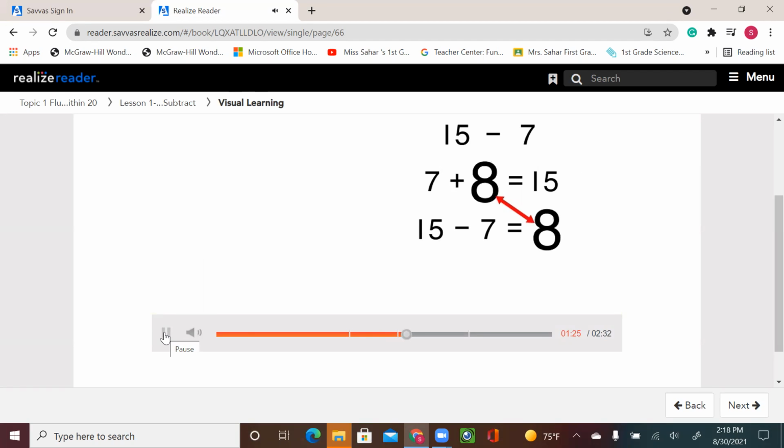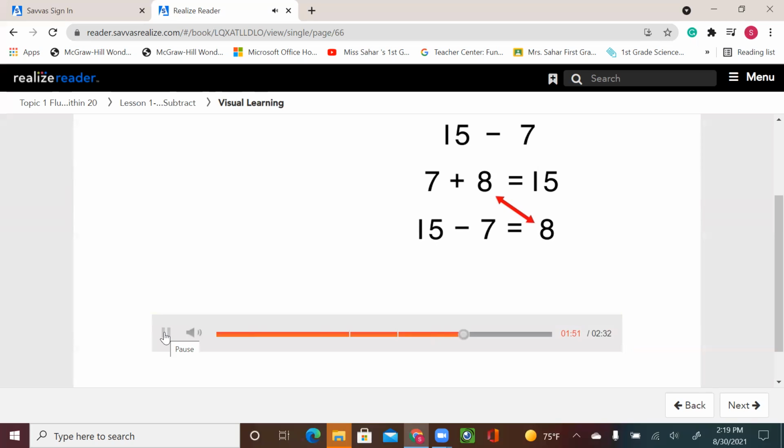The missing number is 8. You know the addition fact. The addition fact is 7 plus 8 equals 15. So you also know the subtraction fact. The subtraction fact is 15 minus 7 equals 8.